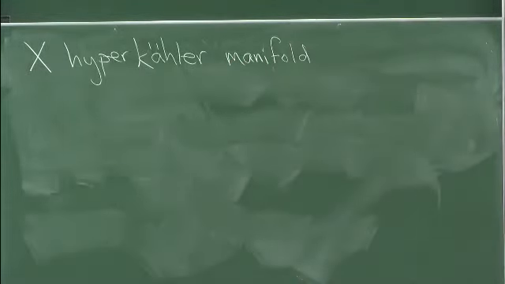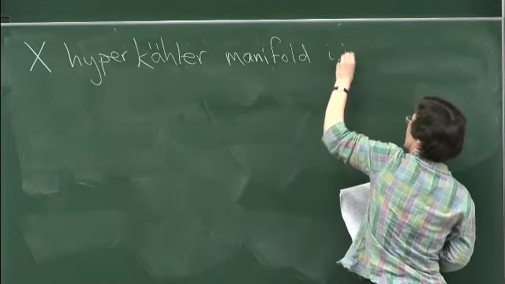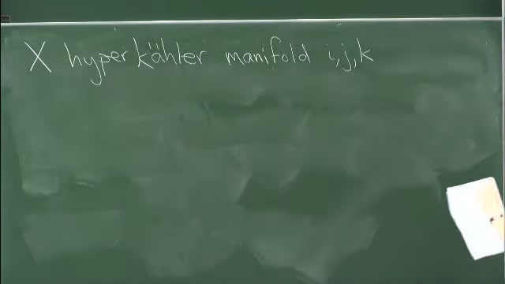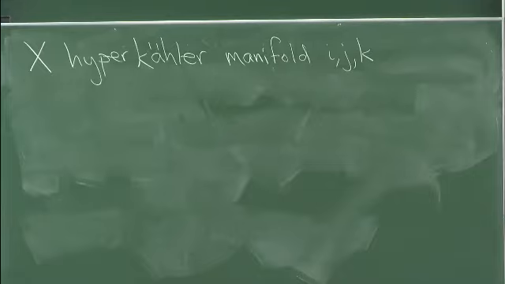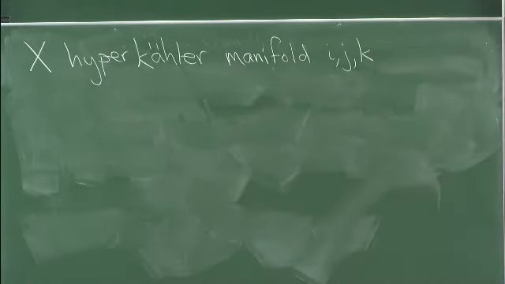So that means, of course, that it's got to have three complex structures, I, J, and K, satisfying the usual quaternionic relations.